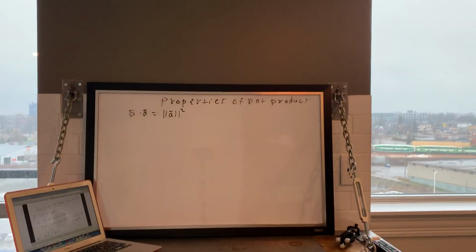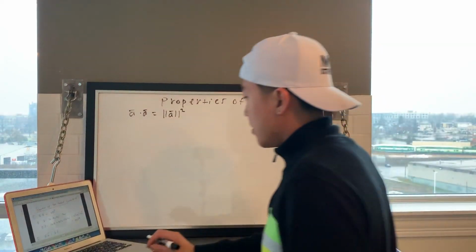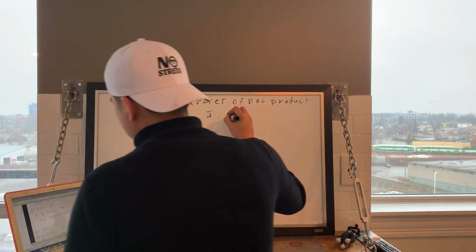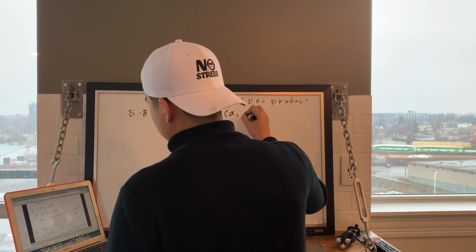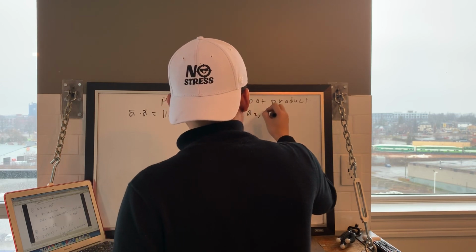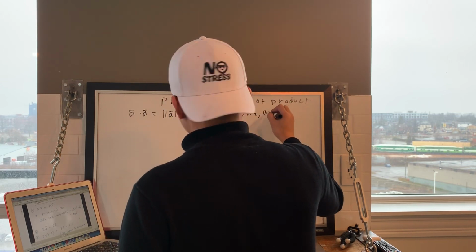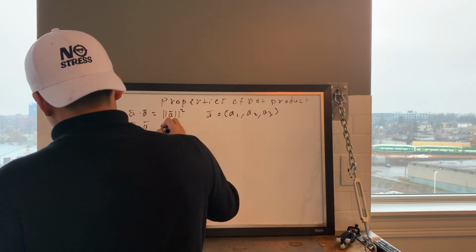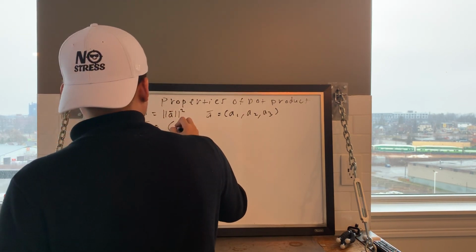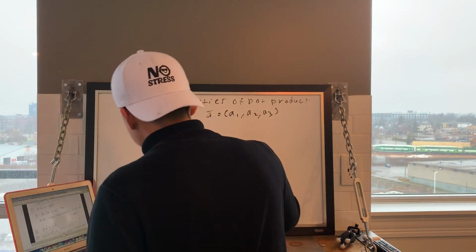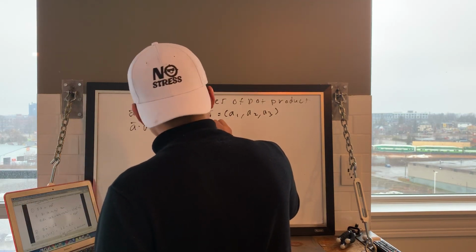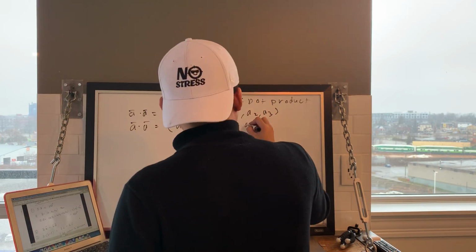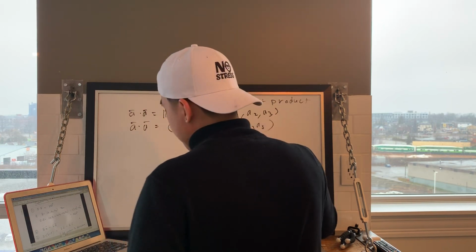If you have A equaling A1, A2, and A3, then A dot A would just equal A1 times A1, A2 times A2, A3 times A3, kind of like that.